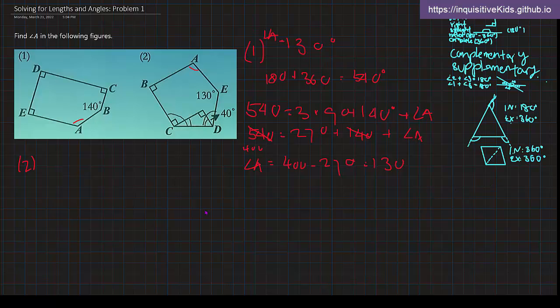So we need to add, because last time we got 540 degrees, right? So we add one more 180 to 540 to find the interior angle sum of a hexagon, and we will get 720 degrees.